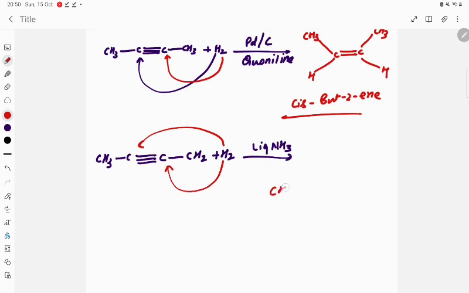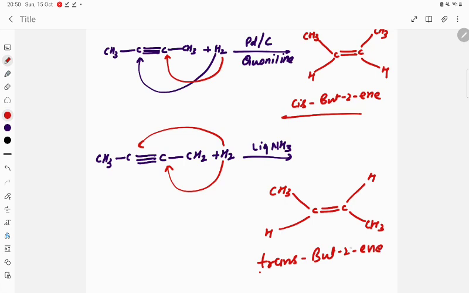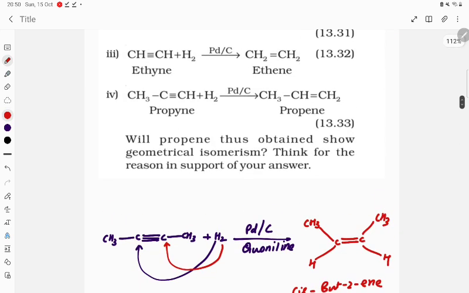So dear student, the product forming is CH3, this is C, this is the double bond, this is C, this is the CH3, here is the hydrogen, this is the hydrogen. So this compound is trans butene. So this is our required trans butene.